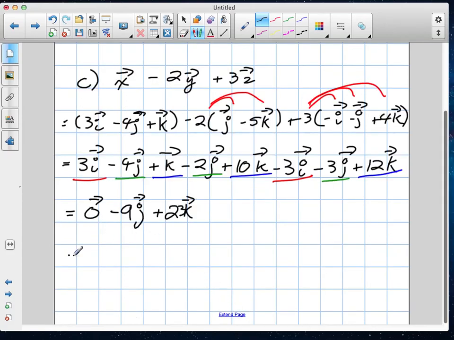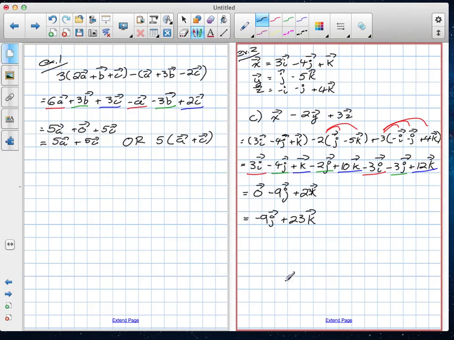When we add the 0 vector, it does nothing, so we get 9. That's supposed to be, let's fix that. Oh gosh. Negative 9 vector j plus 23 vector k. Let's just look at both pages. So that's it. We simplified all those vectors using all of the properties and rules they had previously given us.